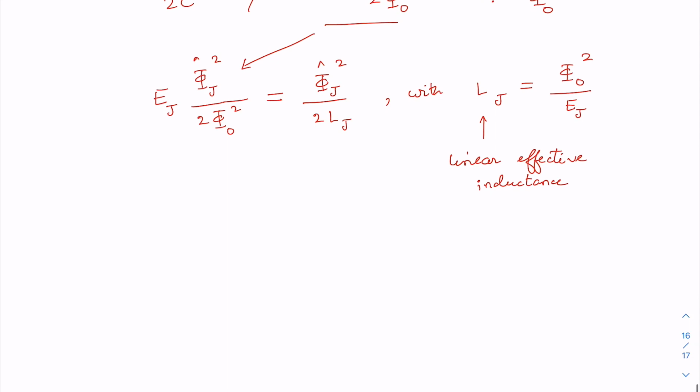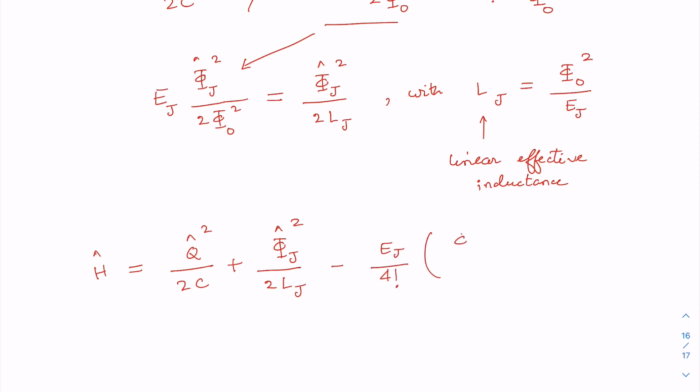Therefore, we can write the Hamiltonian in this form now. H is equal to q square by 2c plus phi j square by 2Lj minus Ej by 4 factorial, phi j by phi 0 to the power 4.